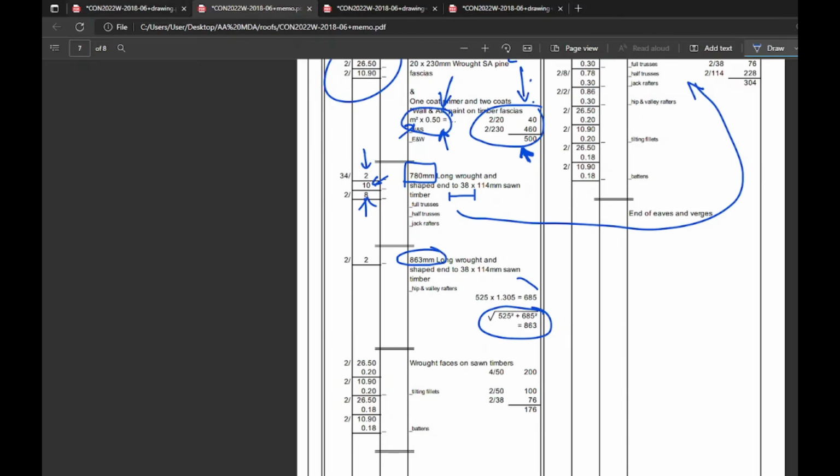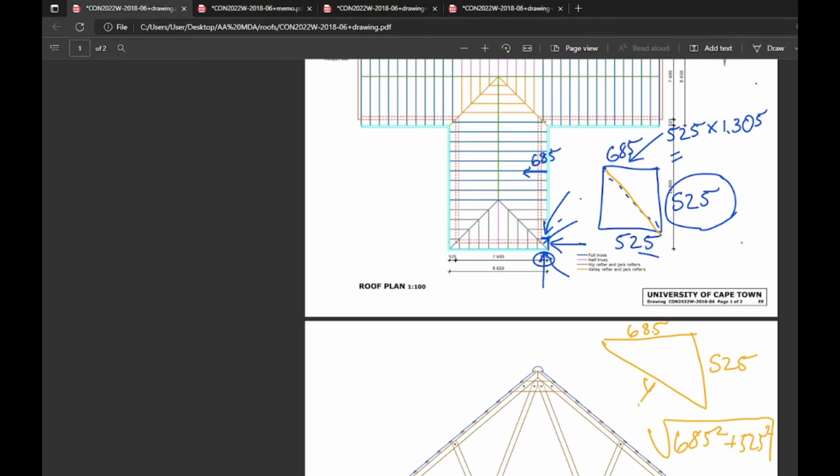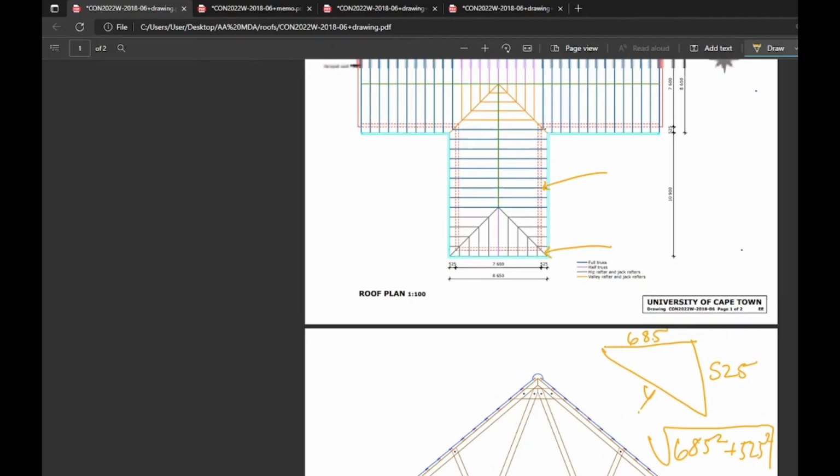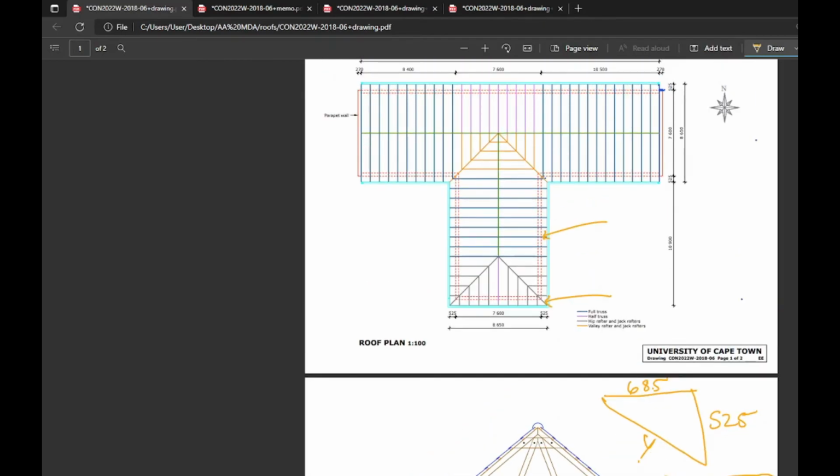Okay. 863 is the length of the hip rafter that is exposed after the brickwork. It's important to remember that it is not the same as this length, 525. It's a bit longer because of Pythagoras. Okay. So that I'm happy with.